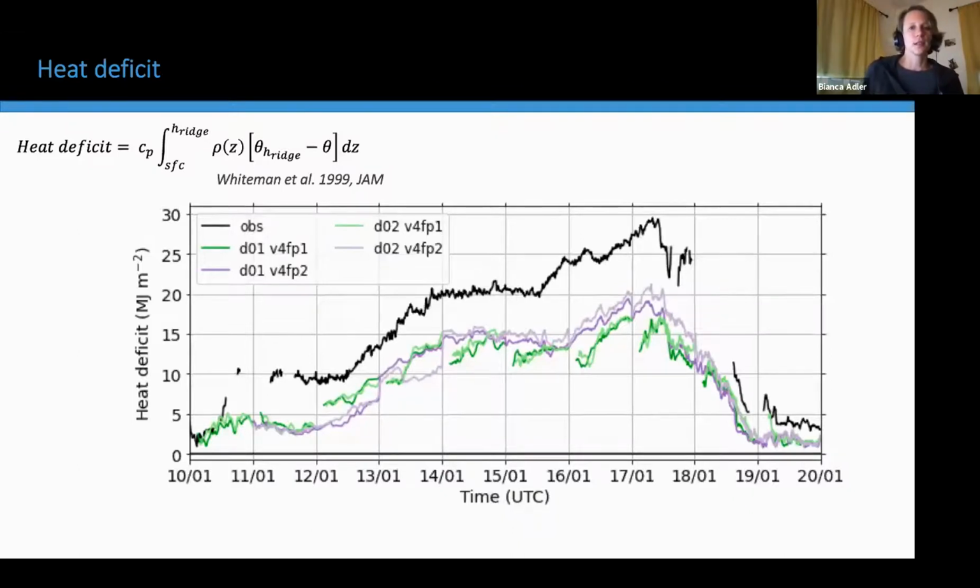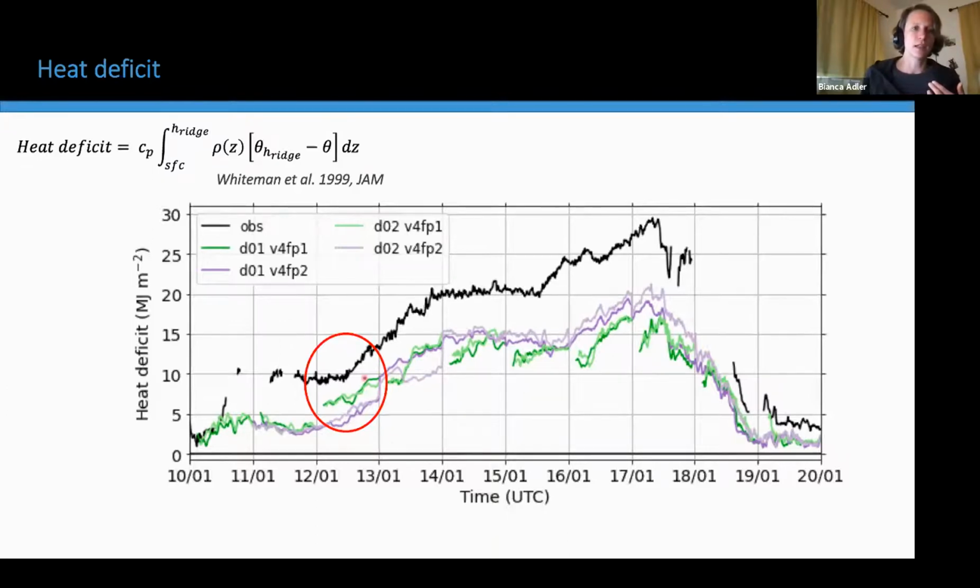We also looked at the cold pool strength for both forecast periods, like we did before. And I just want to point out 2 things here. When we look at the evolution of the cold pool on the 12th of January, we see that forecast period 2 was too slow, or didn't capture this buildup of the cold pool very well.